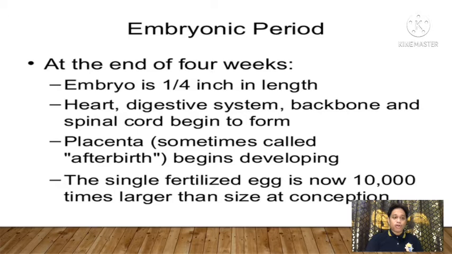Next, the placenta, sometimes called the afterbirth, begins to develop. The single fertilized egg is now 10,000 times larger than its size at conception. So from a tiny particle, it grows many times larger in this embryonic period.